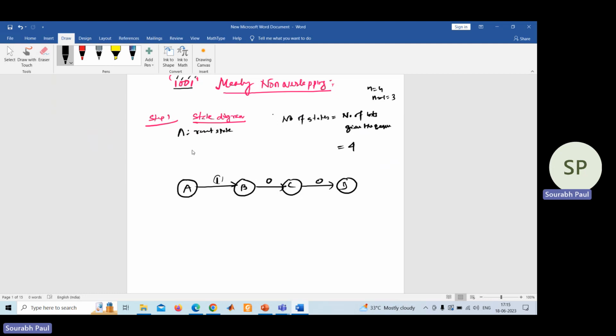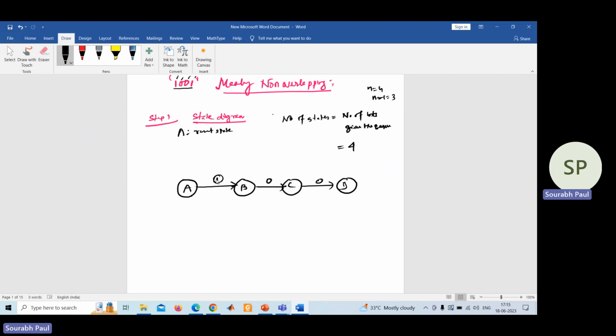We'll discuss each rule you need to follow in the state diagram one by one. First, for A, you need to check which input you have already used. You already used the input of 1. It means if you are in state A and you have the input of 1, you need to go to state B. Now, what didn't you consider for A?